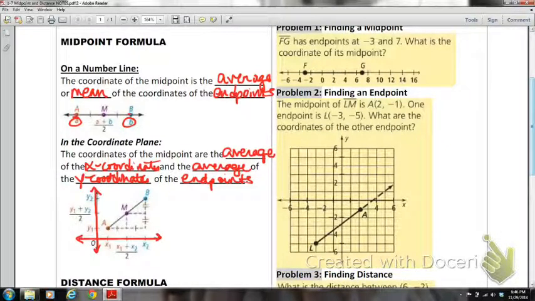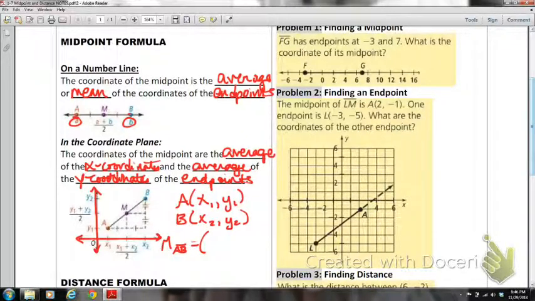The point A, the coordinates are x sub 1 comma y sub 1. Point B, your coordinates are x sub 2 comma y sub 2. And the midpoint of segment AB is going to be a coordinate point, and the x coordinate is where you add your two x values together, x sub 1 plus x sub 2, and divide by 2.